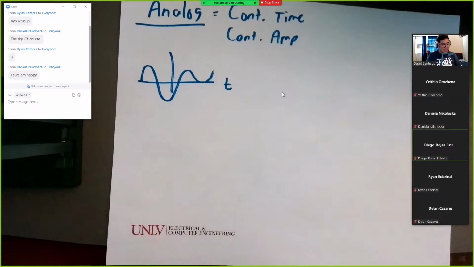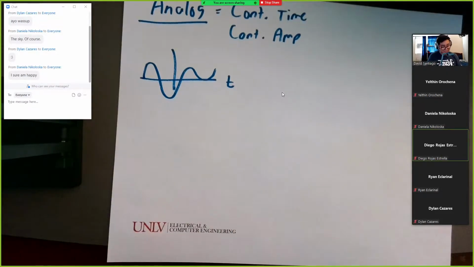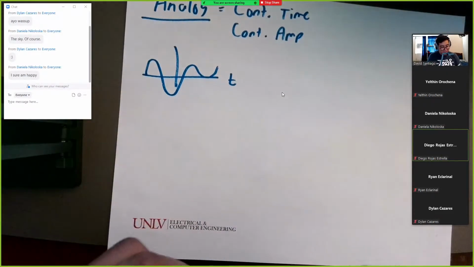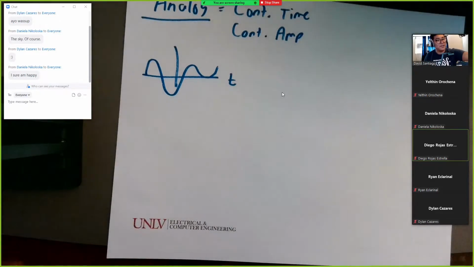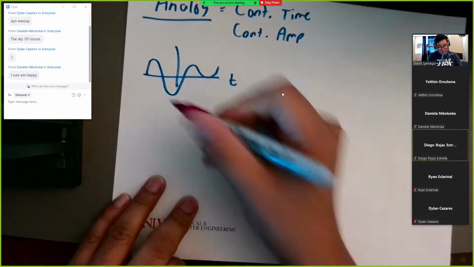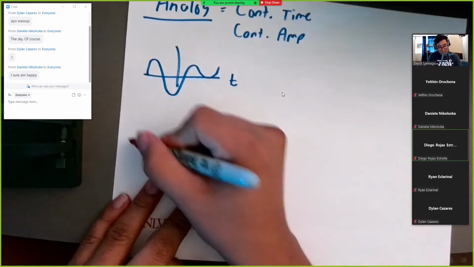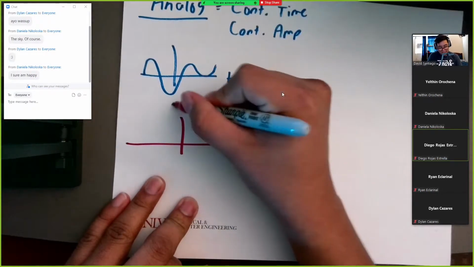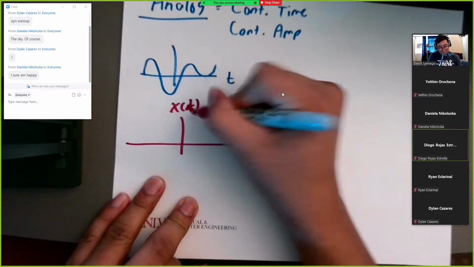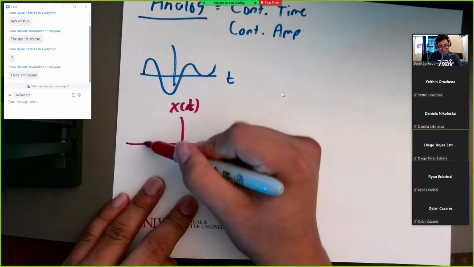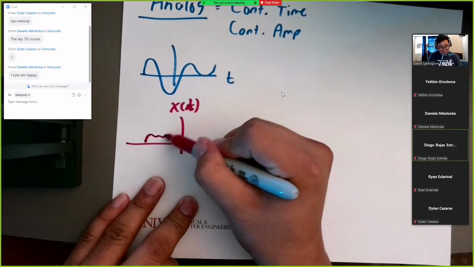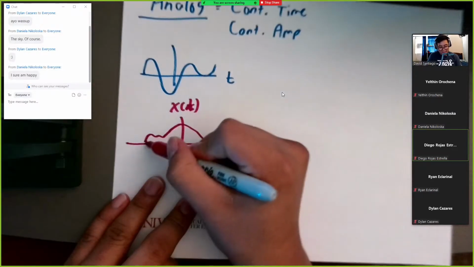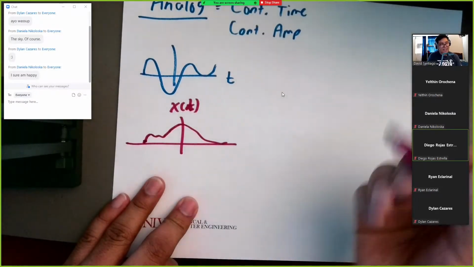So the best way I can explain it is, what if I give you the following signal? Let's give you this signal, x of t, sorry. And x of t is basically this little hump. I'm just going to draw this little hump like that, and that's it. It begins right there, ends there.